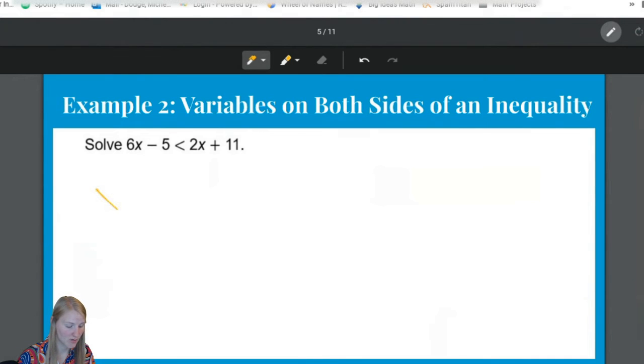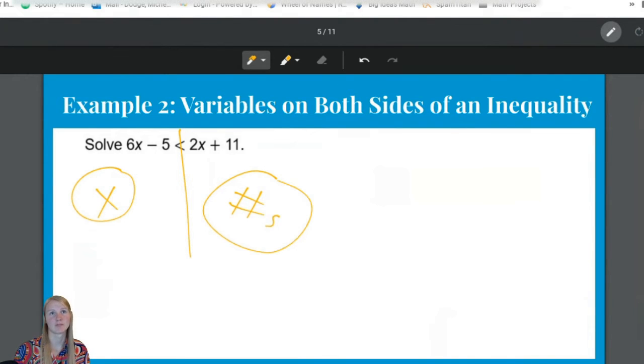I want my x's on one side of the inequality, and I want my numbers on the other side. Again, you get to decide where you want the x's and where you want the numbers. As long as they are separate, that's what matters. If the x's are over here or the x's are over here, it doesn't matter. X's on one side, numbers on the other.